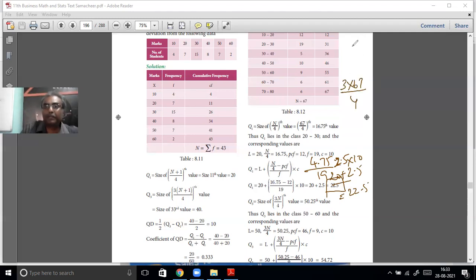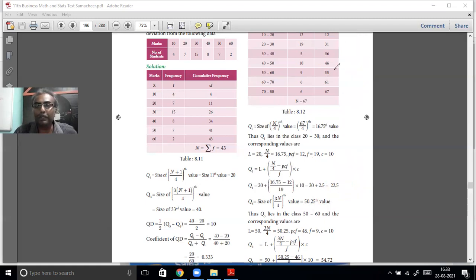So 67 into 3 is 201. 201 by 4. 4 goes 50 times, and 0.25 remains. Okay, 50.25. This is correct. So find where 50.25 is, in this range.